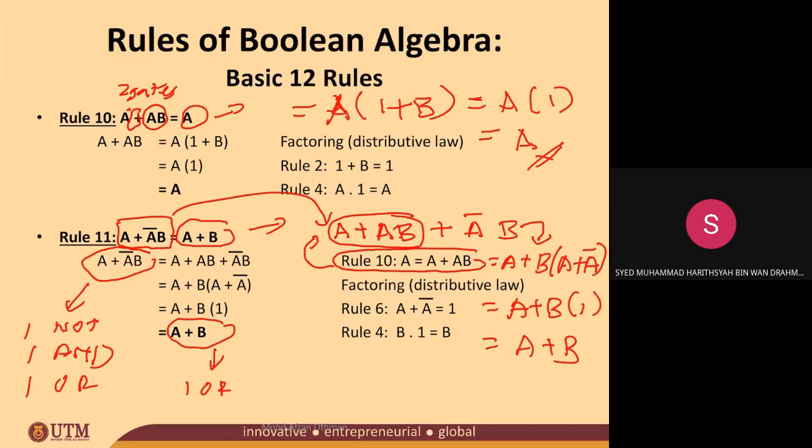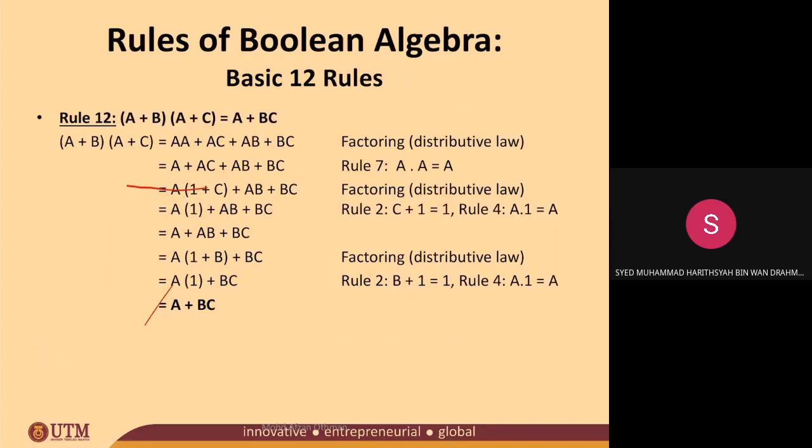So next, the final one, A plus B times A plus C is equivalent to A plus BC. So this one you need to expand, and you get this. Then, based on the rules, A times A is A, so you get A plus AC plus AB plus BC.